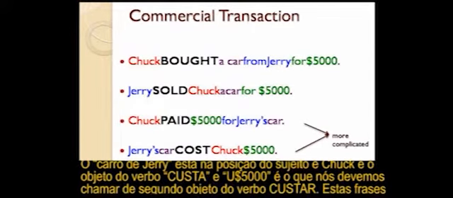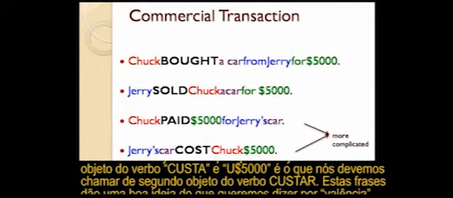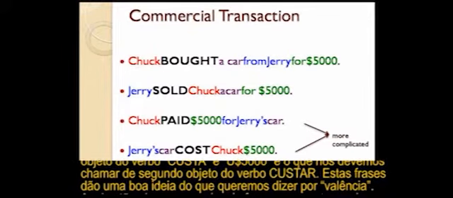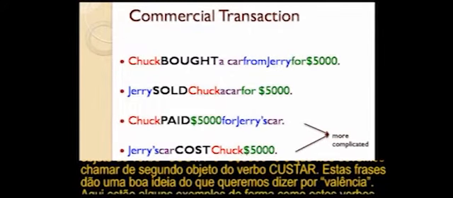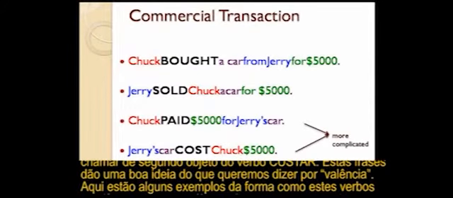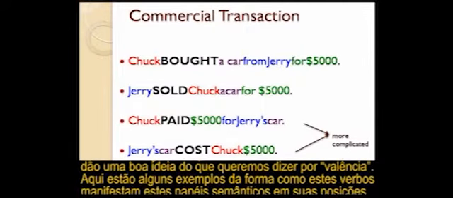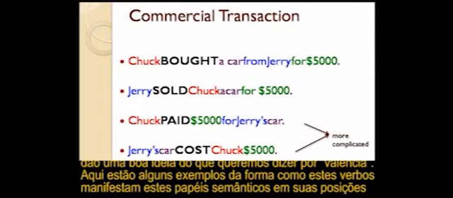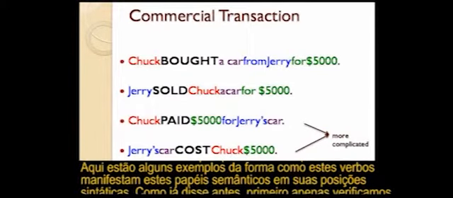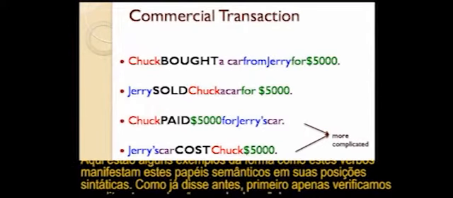So these sentences give you a good idea of what we mean by valences, right? Here are some examples of the way that these verbs manifest these semantic roles in their syntactic positions. Okay.